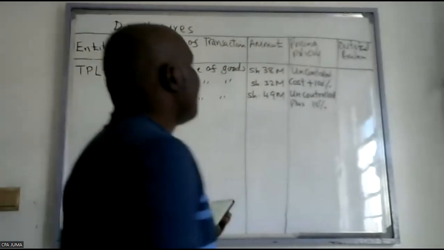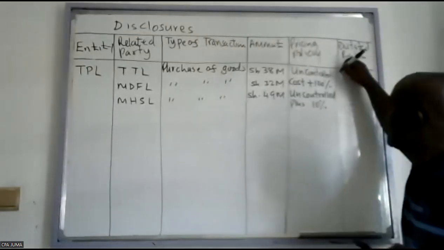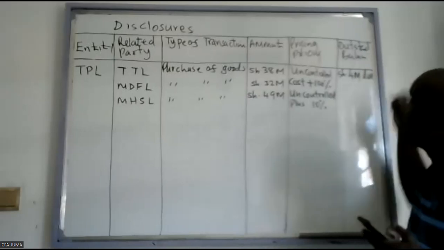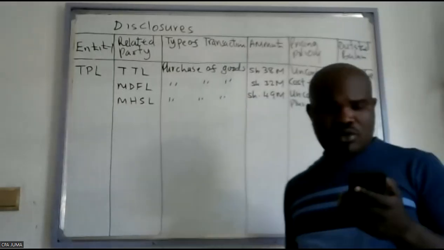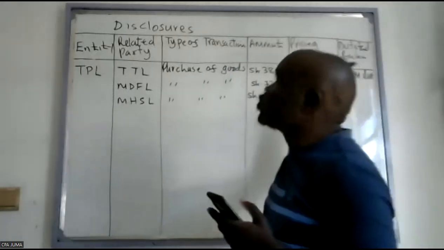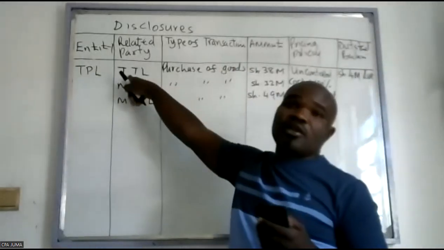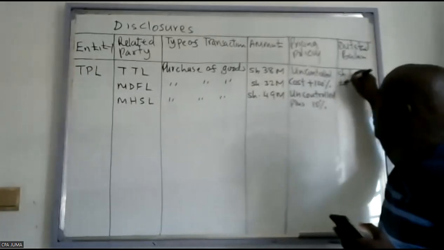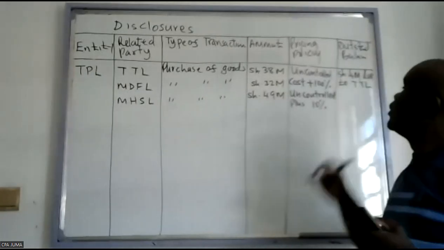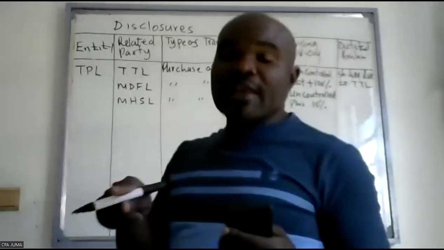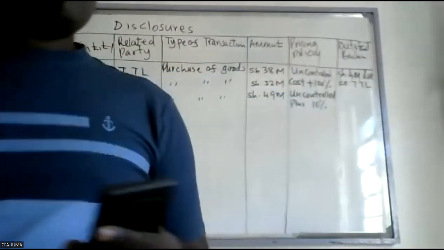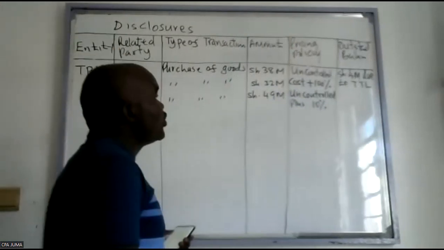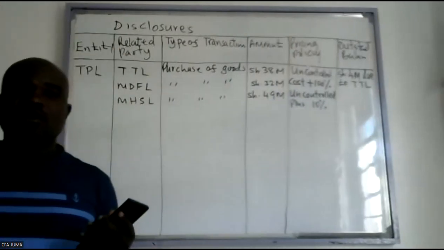You say 4 million, the first one: shillings 4 million due to TTL. Because outstanding means they purchased but did not pay. So you say due to. So 4 million due to TTL.